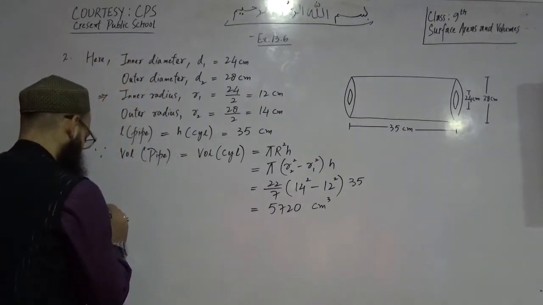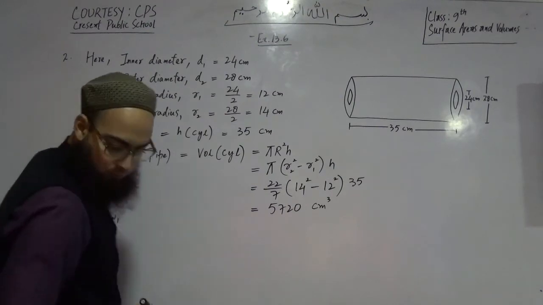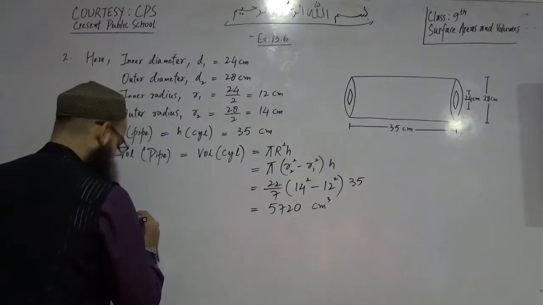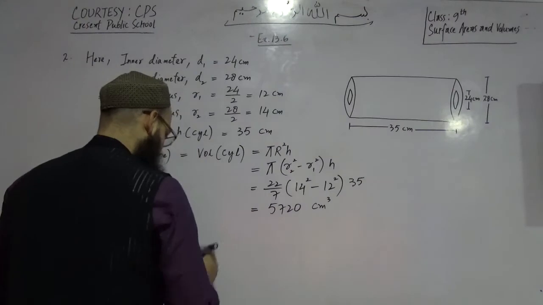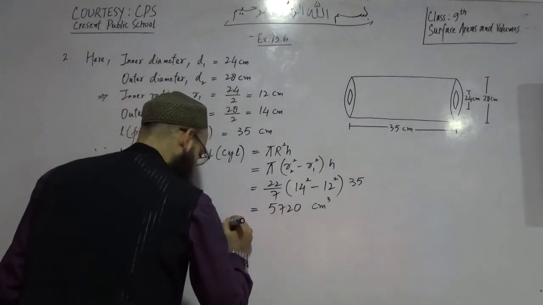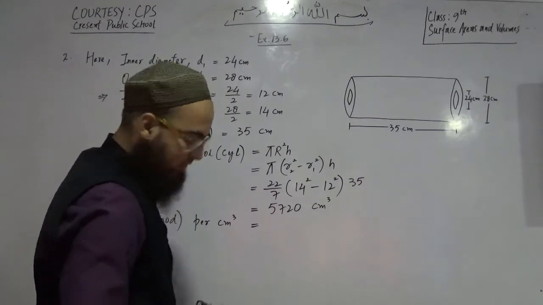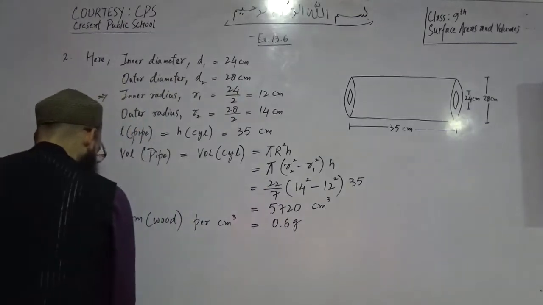Now we need the mass of wood per cubic centimeter. Mass of wood per cubic centimeter is 0.6 gram.